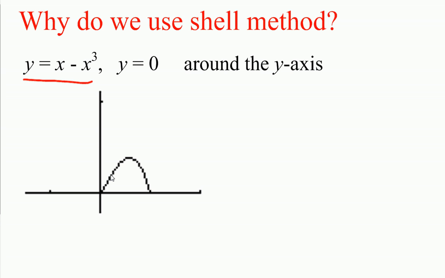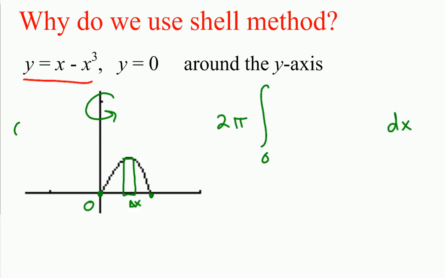So I'm going to draw in my rectangles so they are parallel to the axis I go around. And I know the shell method, I'm just going to have the 2 pi that represents my circumference. I can see here that that's a delta x, so I know I'm going to be integrating with respect to x. I can see my x is going from here, which is 0, to this point, which I can get by setting 0 equals x minus x cubed.